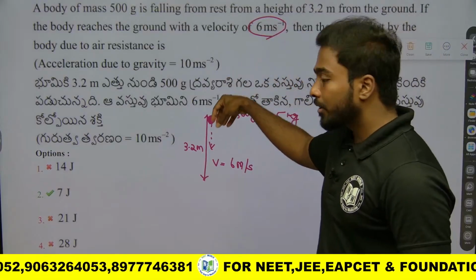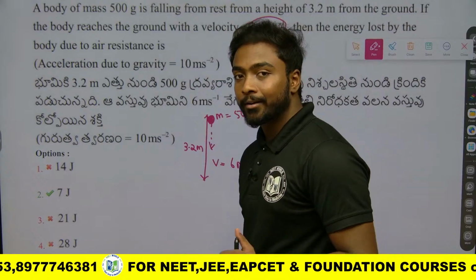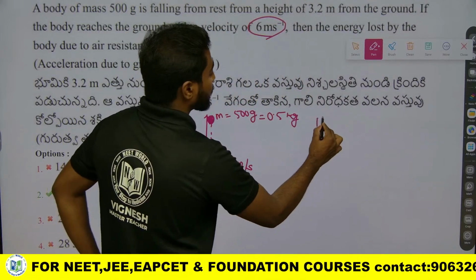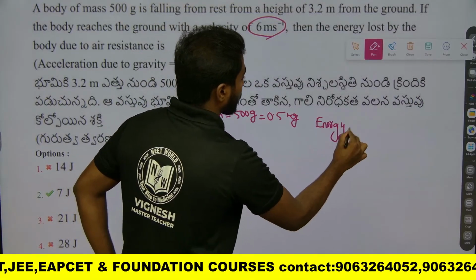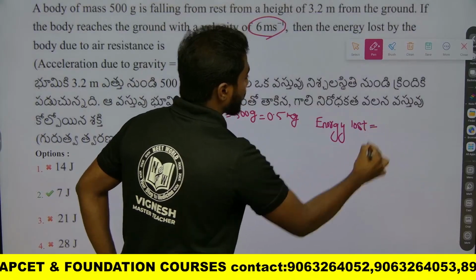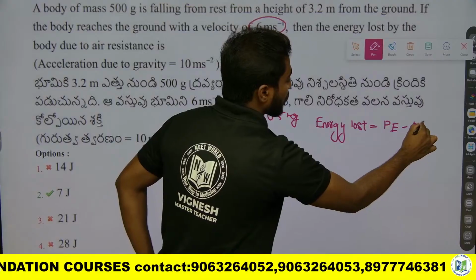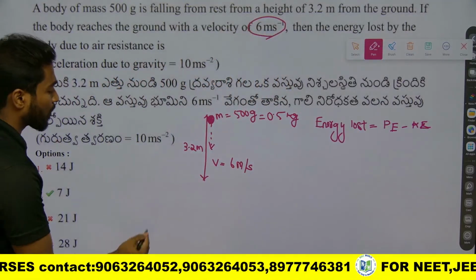After that it's going with velocity v, and the potential energy has been converted to kinetic energy, right? Let me write, I need to find the energy lost. Energy lost is equal to, initially the object had potential energy, and when it comes down it has kinetic energy. So let me find the potential energy.